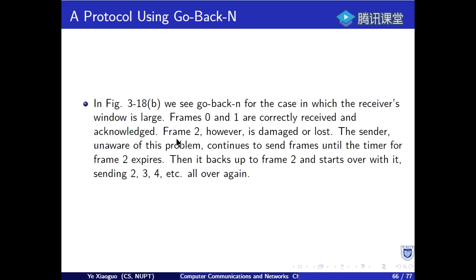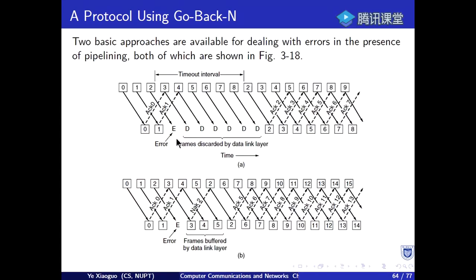So we assumed frames 1, 0 arrive at the receiver normally, but the frame E has an error, and the frames after frame E will be dropped.